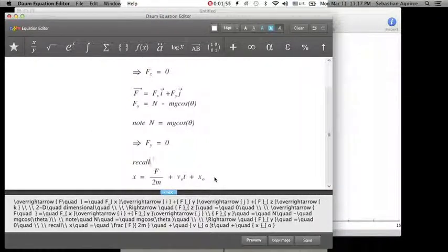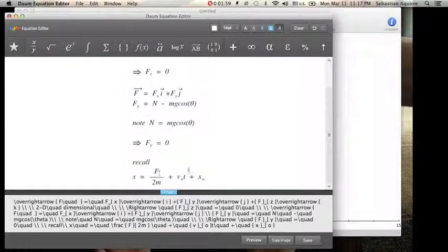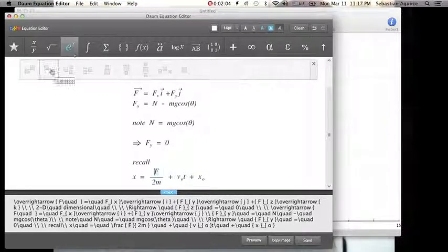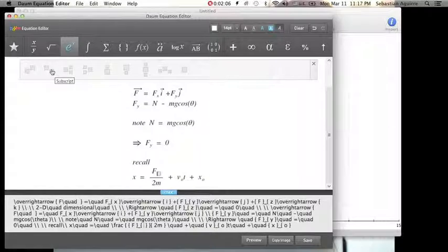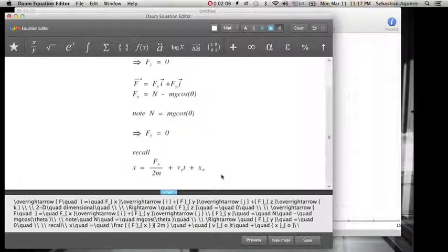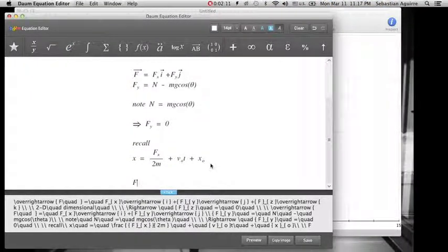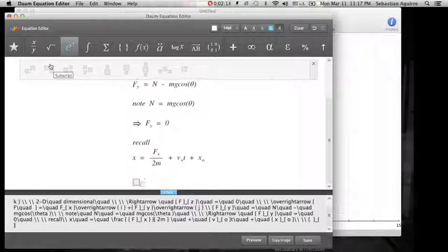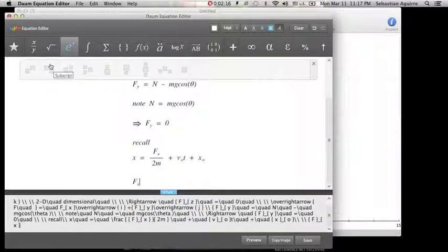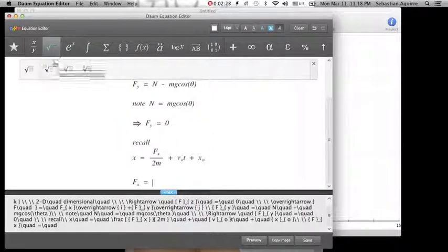And our force on the x is conveniently there. Here, let me rewrite this. For the sake of this problem, our F on the x is equal to, oh, my mind totally went blank, sorry about that.